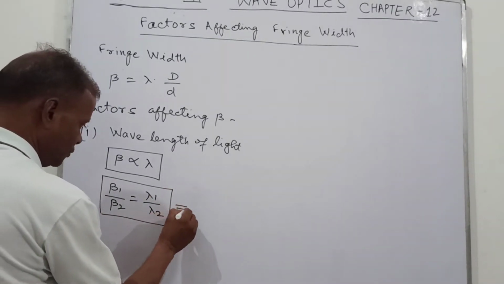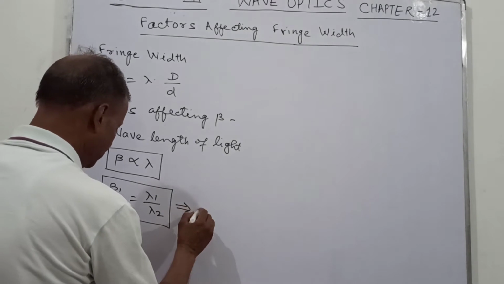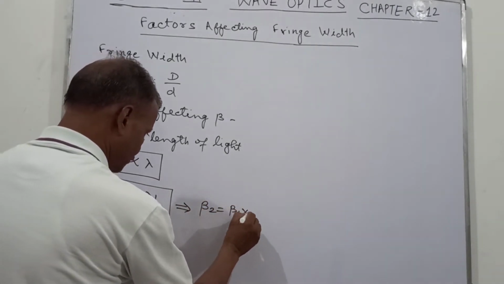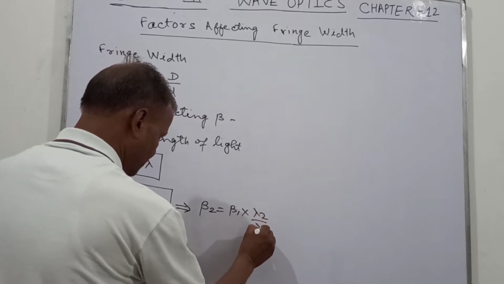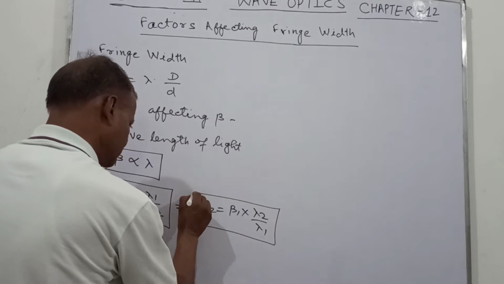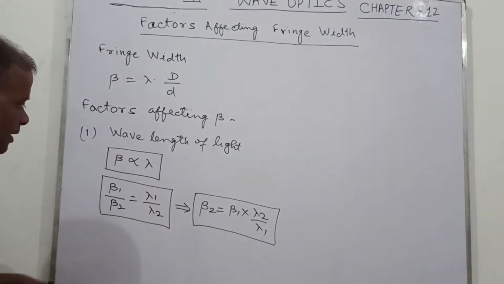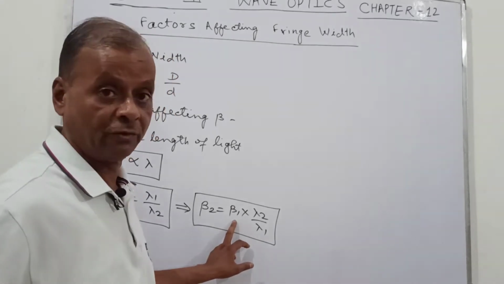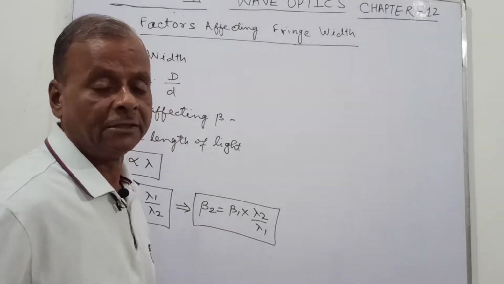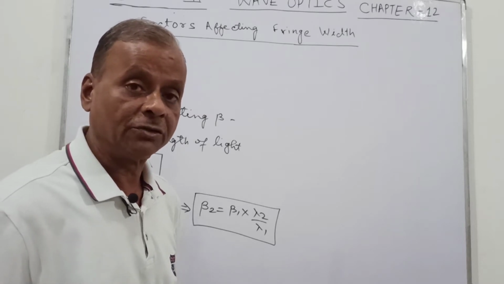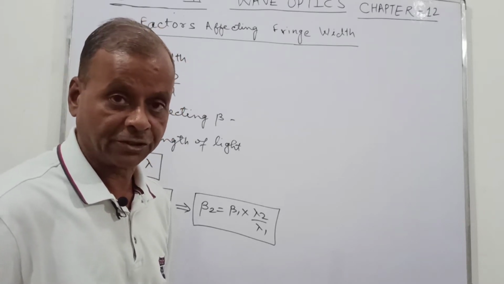Or from this we can get beta 2 equal to beta 1 into lambda 2 upon lambda 1. So if you know the value of lambda 1 and lambda 2 and the value of beta, then you can find the value of beta for the given wavelength.